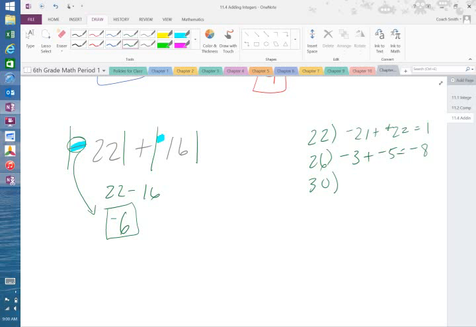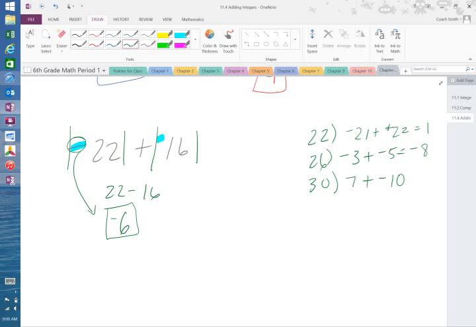Let's see here. Joy, what was 30, the original problem? 7 plus negative 6? Negative 10? Wow. I misread that one, huh? Negative 10. All right. So, 7 plus negative 10.